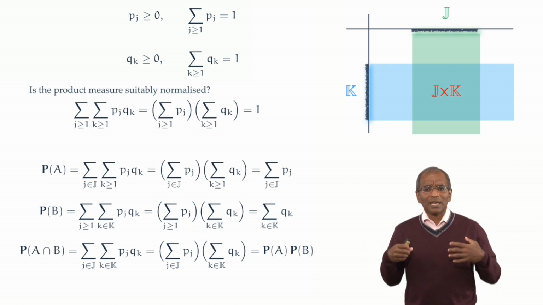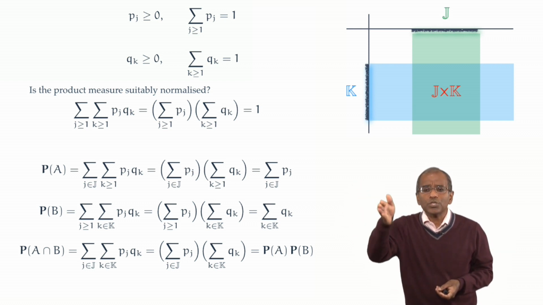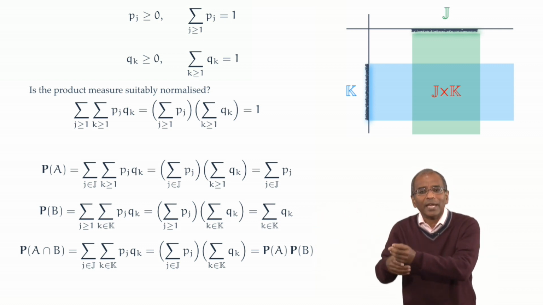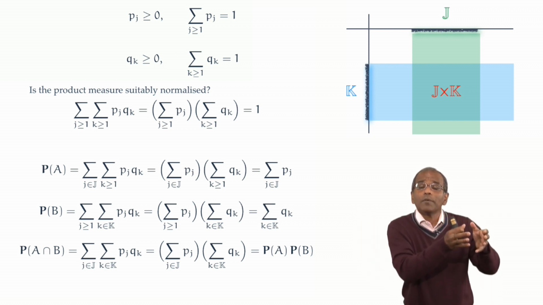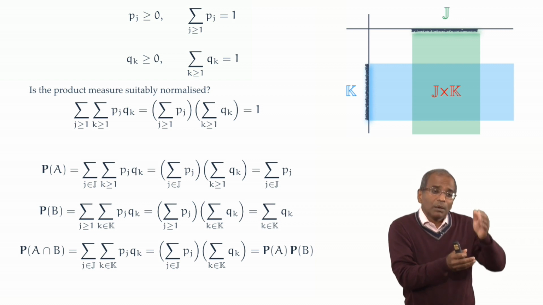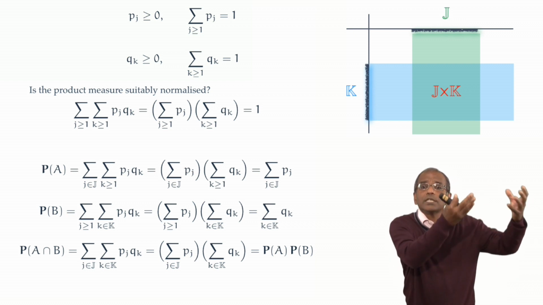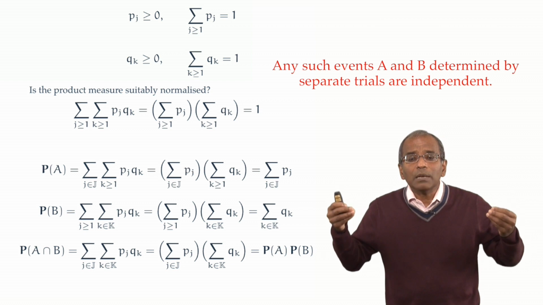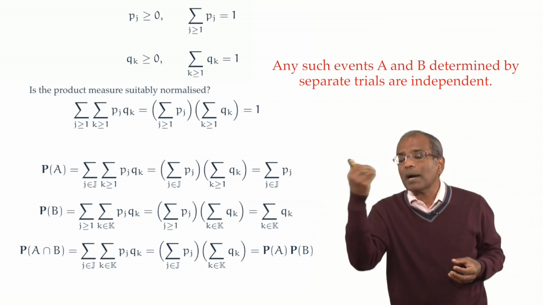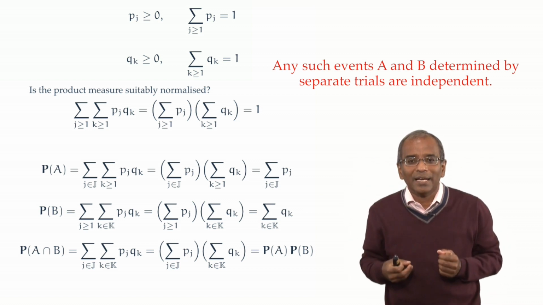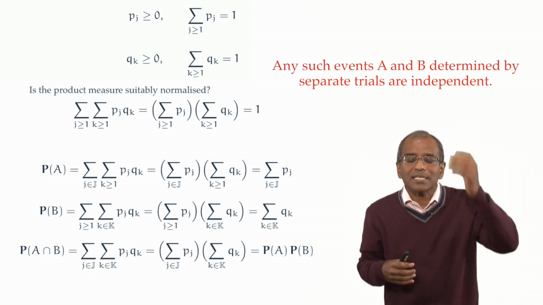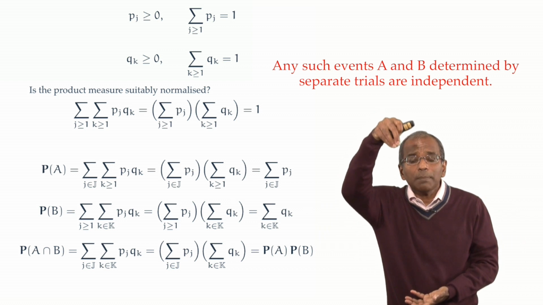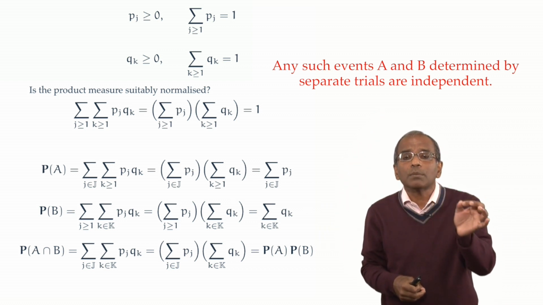Of course, you realize that this argument is impeccable however I chose the identified set of indices blackboard J, however I chose that particular subset of Gothic A that triggers the first event, and however I chose the second subset of indices, blackboard K, which gives us a subset of Gothic B. And therefore, we've discovered that any events A and B so constructed, where A is determined by the first trial in the sense that I've outlined here, and B is determined by the second trial again in this sense, any 2 such events are forced to be independent, provided the probability measure is obtained by multiplying independent probabilities.